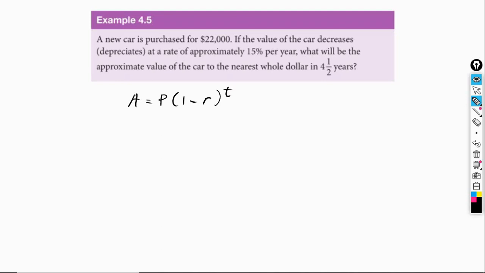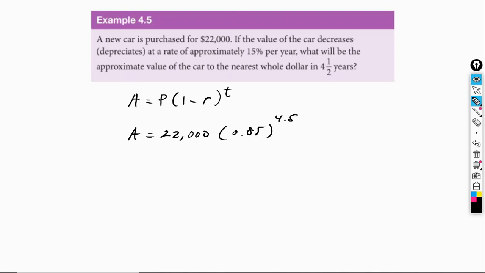So for this particular problem, the car starts with a value of 22,000. It's going to be 1 minus 15%, which is 85%. So 0.85 is going to be the rate of depreciation. And what's going to be the final value of the car in about 4.5 years?